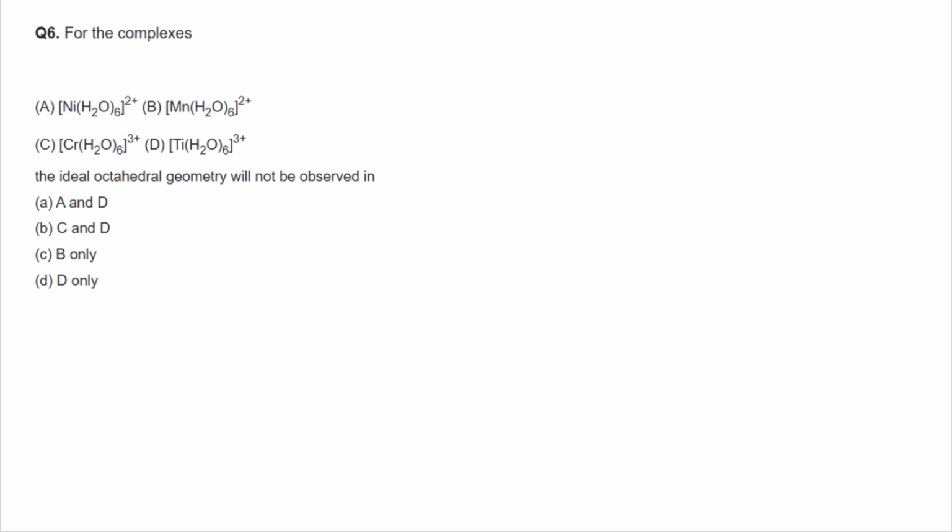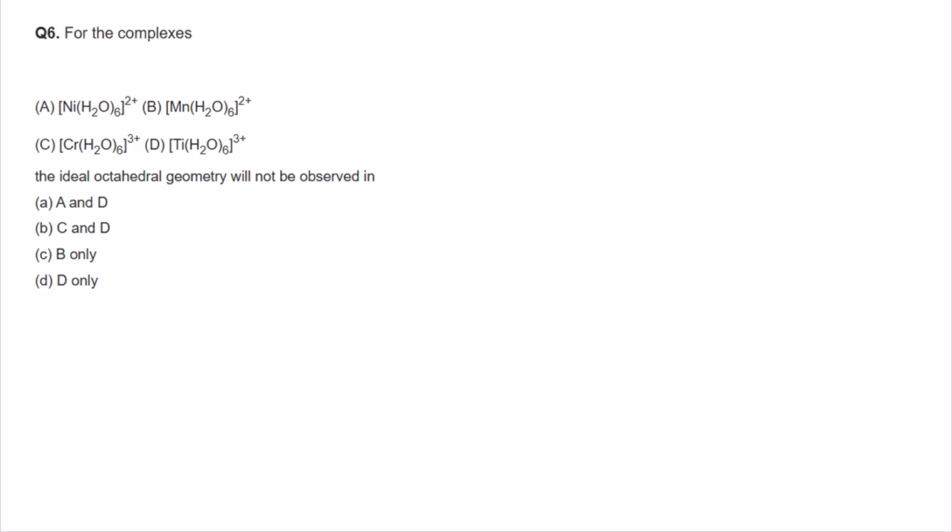Hello everyone. So now we have a question which says that out of these four complexes A, B, C, D, which of these complexes will not show an ideal octahedral geometry? A, nickel complex, hexa aqua nickel +2, and B, hexa aqua manganese +2.